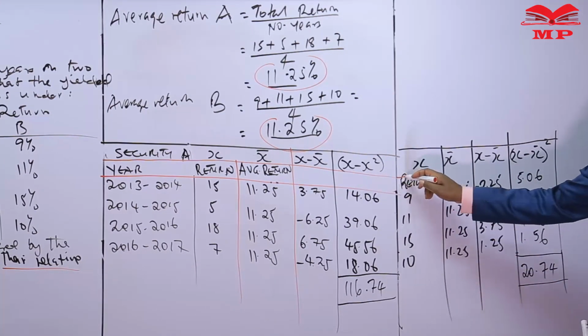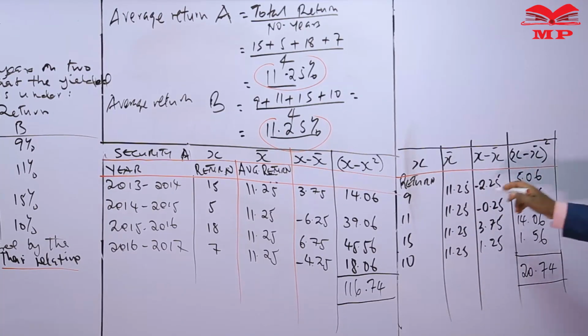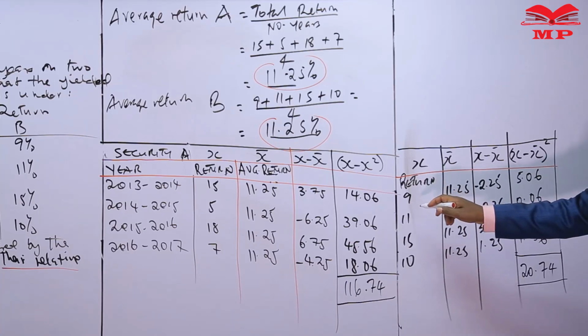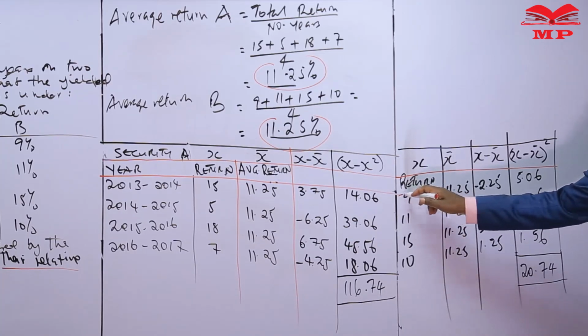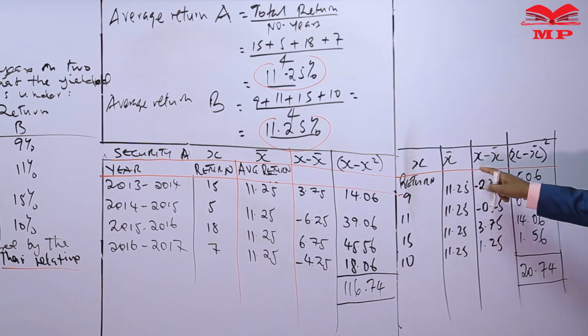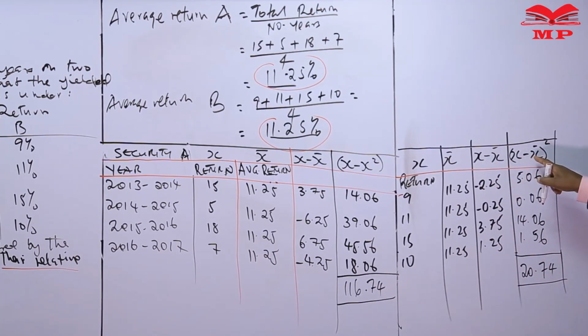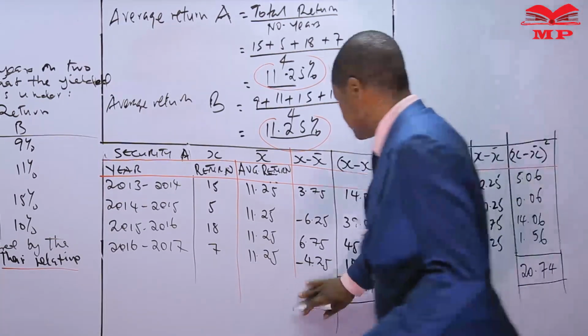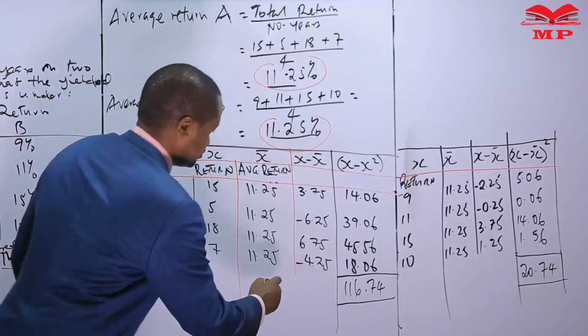So these are the deviations. Deviations are squared. This is the summation.